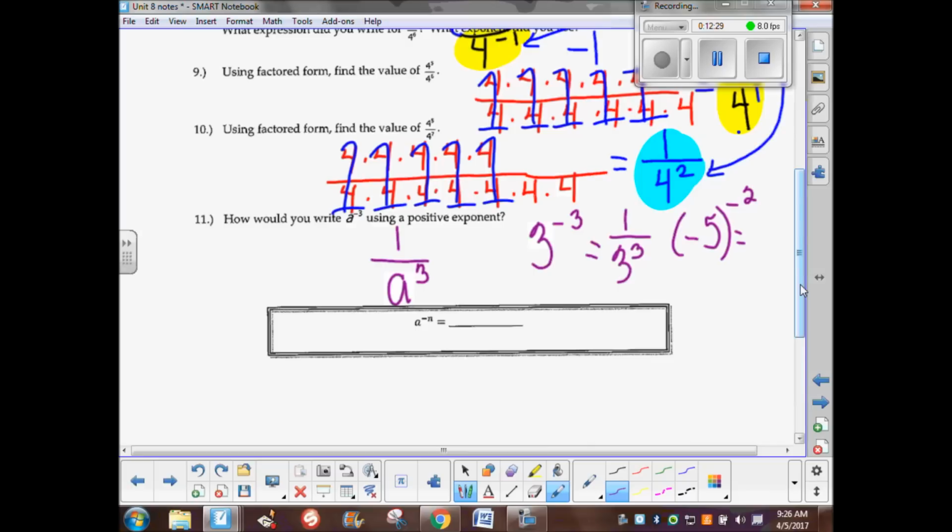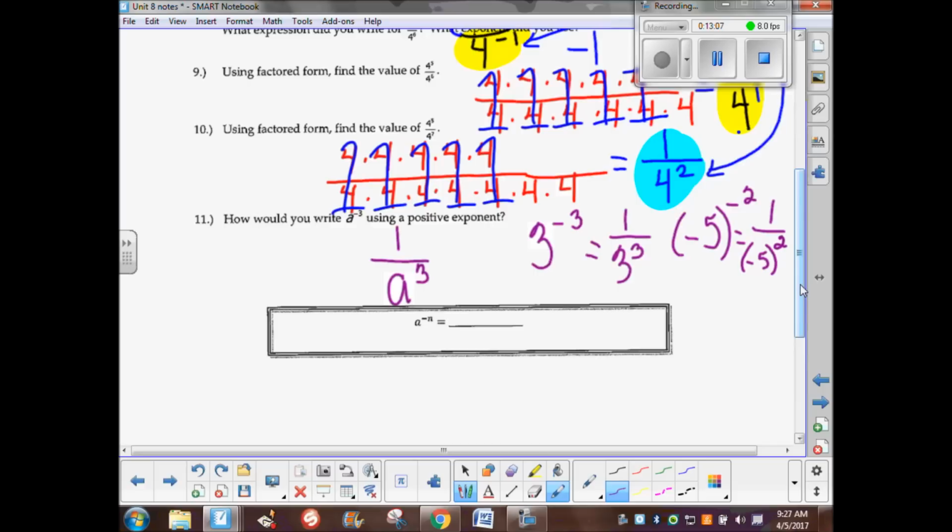A to the negative 3 is 1 over a to the positive 3. 3 to the negative 3rd is equal to 1 over 3 to the positive 3. We put 1 over. The exponent can be negative, but if we want to write it with positive exponents, how do I finish this one? What's my base? Careful, what's my base? Parentheses, negative 5, and what do I change the exponent to now? Positive 2.